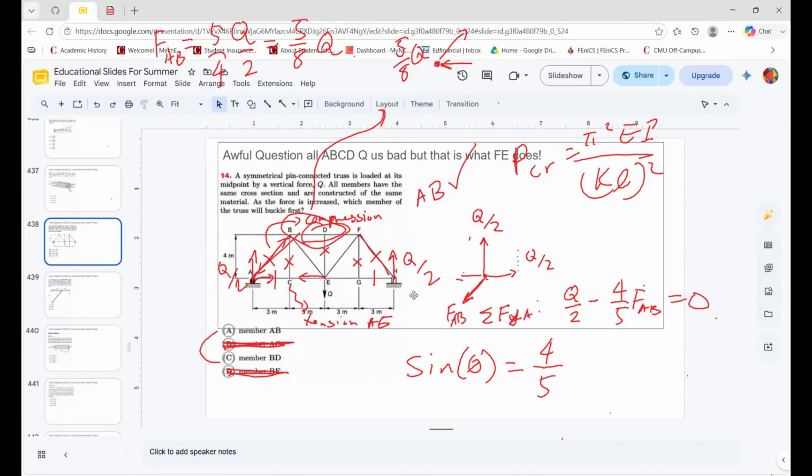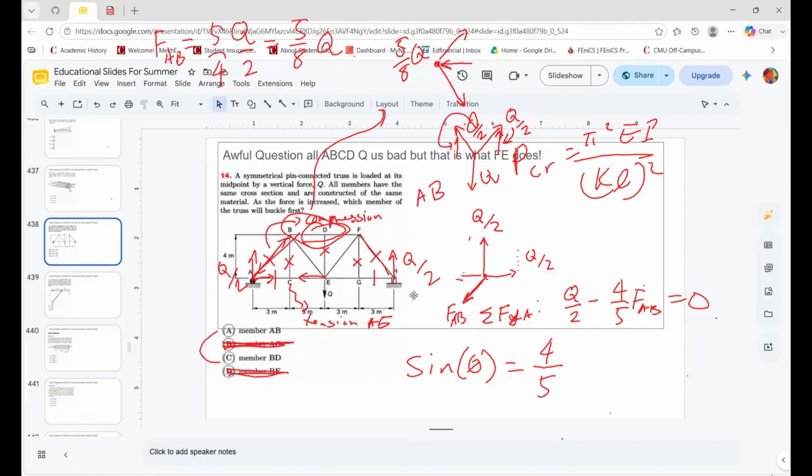And this is most likely in tension, and this tension block over here is this Q. By symmetry, this Q has Q over 2 in the Y direction. I'm looking at symmetry right now because I want to shortcut it. Earlier we didn't use symmetry.